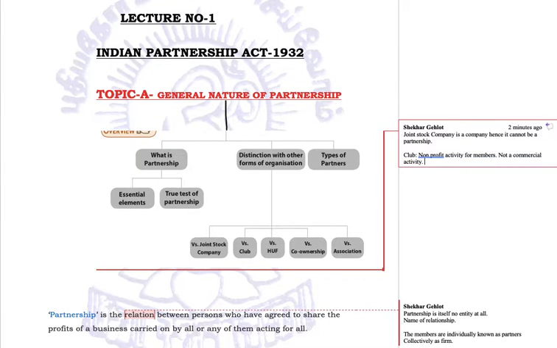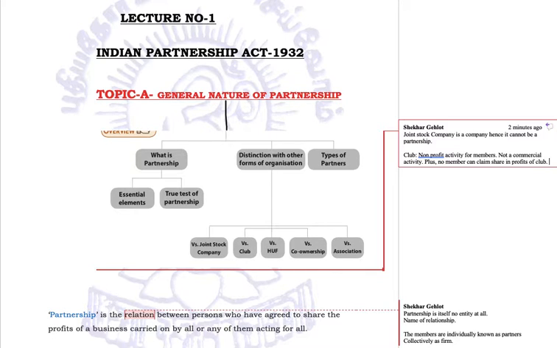Club is not a commercial activity. Club is only for the mutual benefit of members. They are providing services for the mutual benefit of members. Plus no member can claim share in profits of the club.